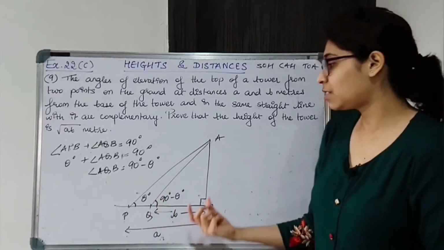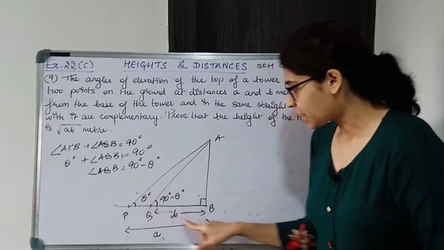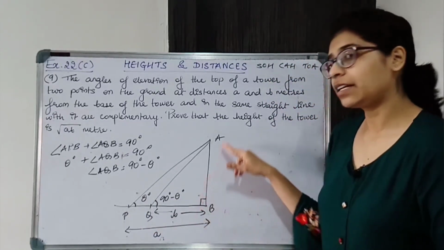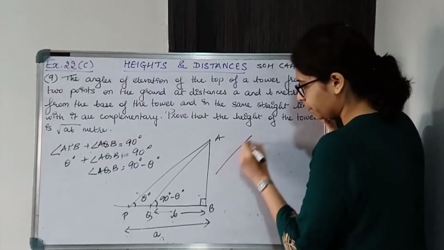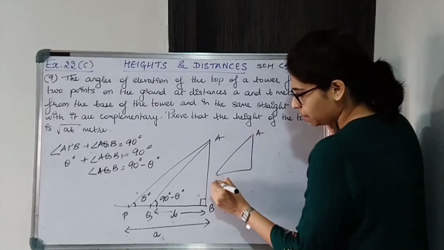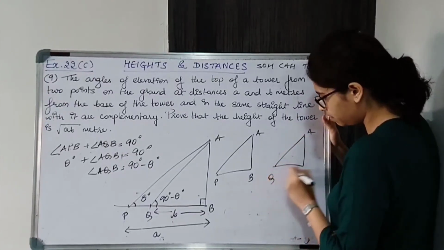So we are going to consider 2 triangles. One right angle triangle in which there is A and another right angle triangle in which there is B. Okay? So APB and AQB we are going to consider.